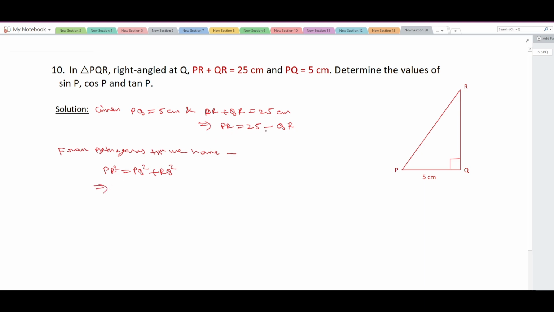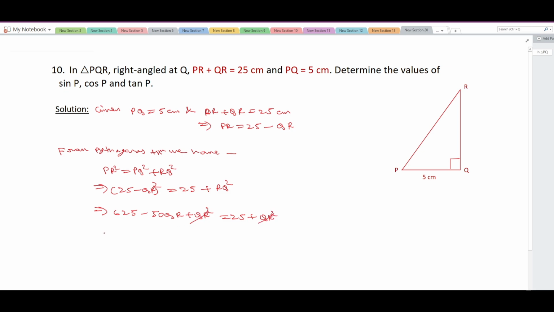So (25 minus QR) whole square equals 25 plus QR square, that is 625 minus 50 QR plus QR square equals 25 plus QR square.